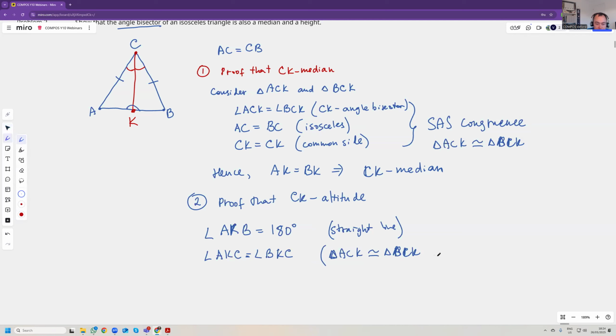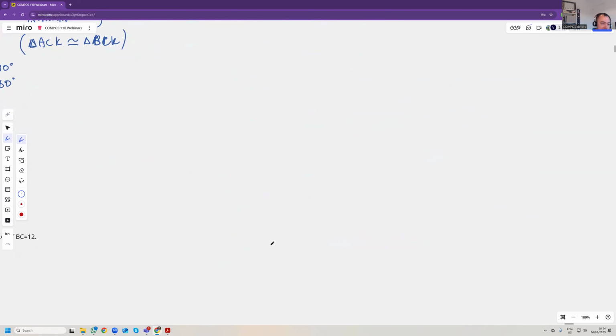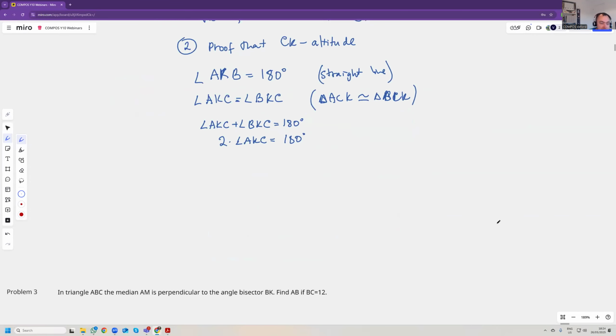Right? And therefore, they add to 180. So angle AKC plus angle BKC is equal to 180 degrees. So 2 times angle AKC is 180 degrees. So AKC is 90.